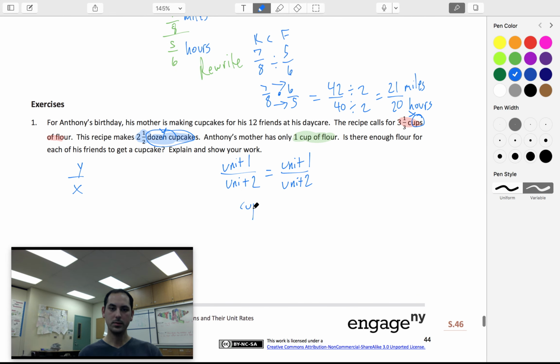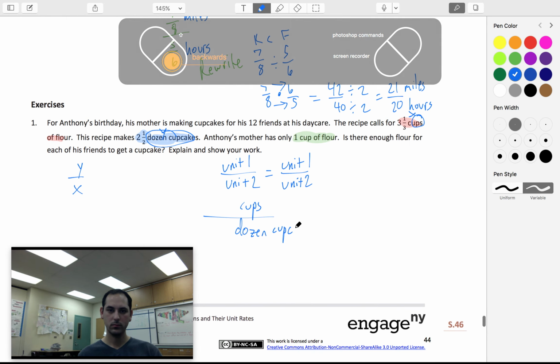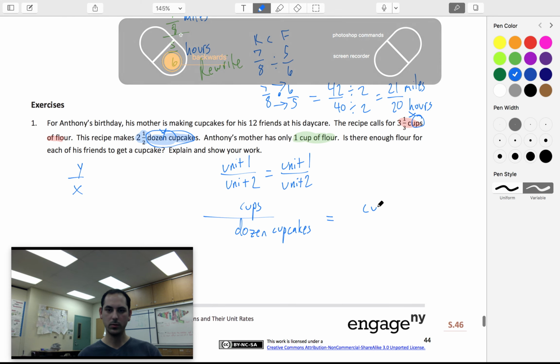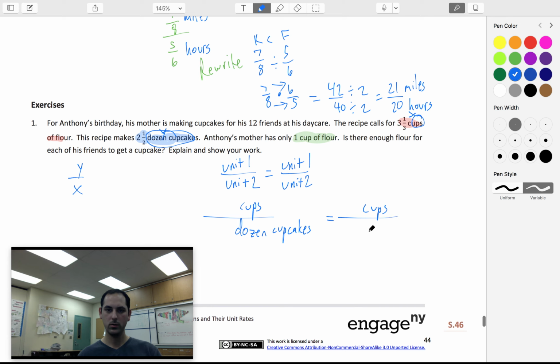So I'm going to put cups, and I'm going to put dozen cupcakes. Equals, and then I have to use the same unit, so cups, make a little bit of room on the left, over dozen cupcakes. Copy that down.